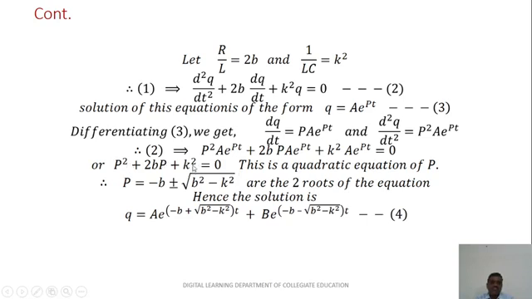The roots of this quadratic equation are p is equal to minus b plus or minus root of b square minus k square. That means this equation has two roots: one is minus b plus root of b square minus k square, and the other is minus b minus root of b square minus k square. Therefore, the solution becomes q is equal to A into e to the power of minus b plus root of b square minus k square into t, plus B into e to the power of minus b minus root of b square minus k square into t.